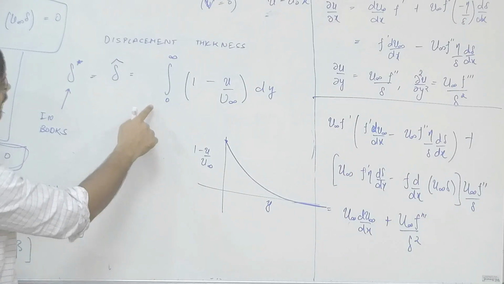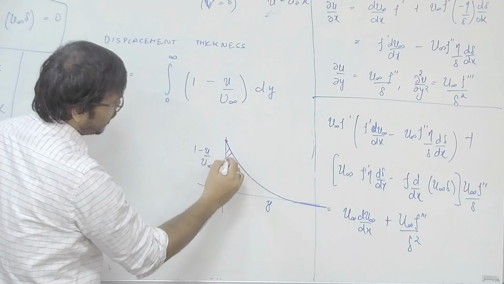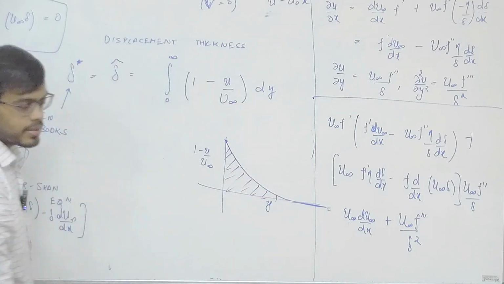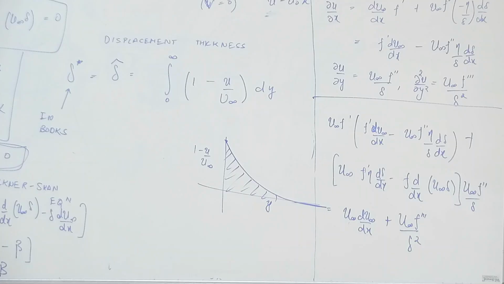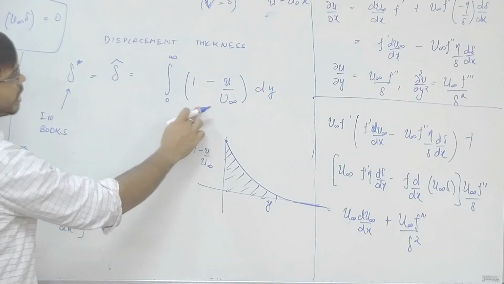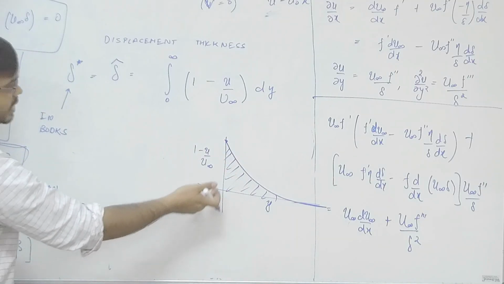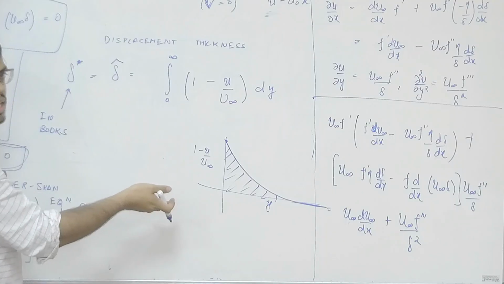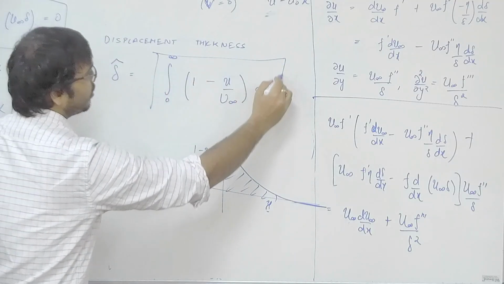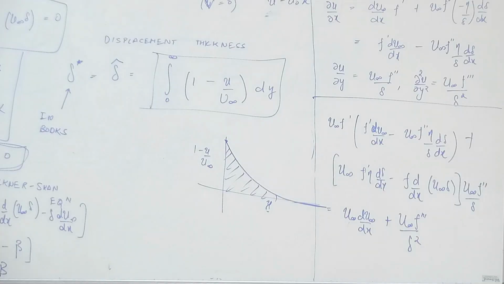Now you are integrating this over y, so you are basically finding the area under this curve. Notice that 1 minus u by u infinity is dimensionless, so the dimensions of this area are that of a length. The dimensions are all fine here.